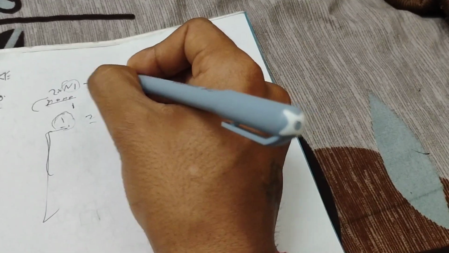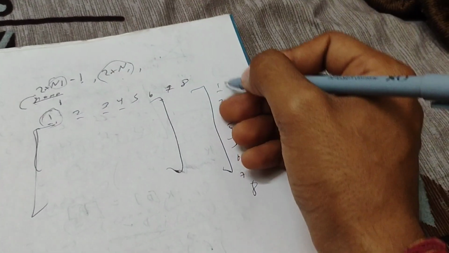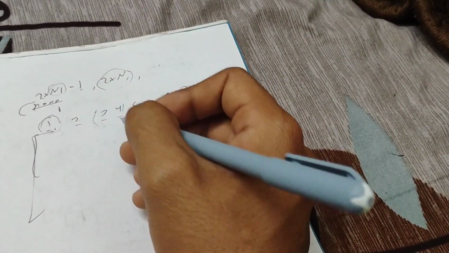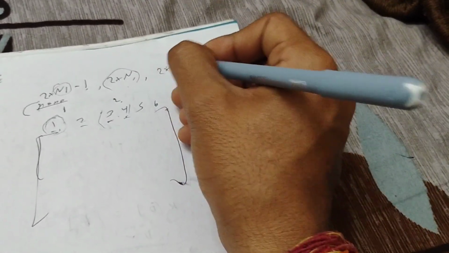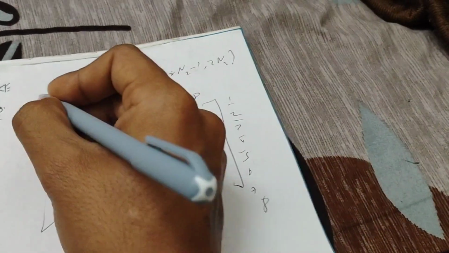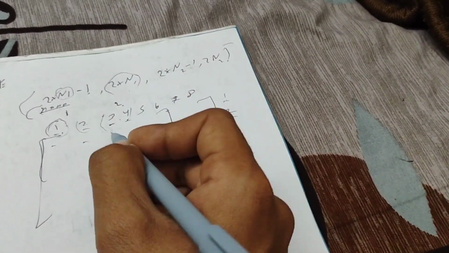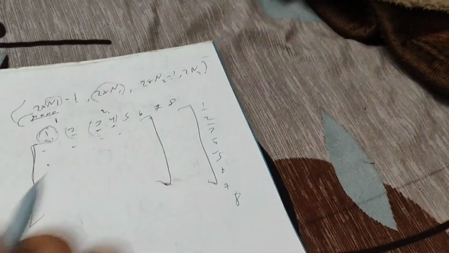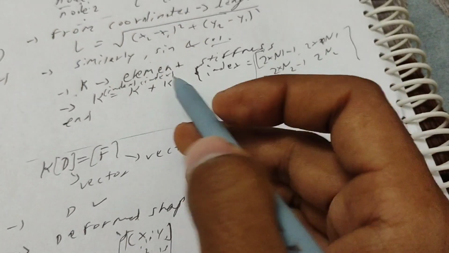For the y part we just use 2 times n1, and similarly for the second node, we use 2 times n2 minus 1 and 2 times n2. This will give us the locations where the local stiffness has to be updated.